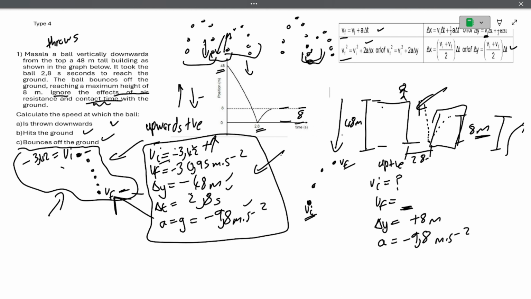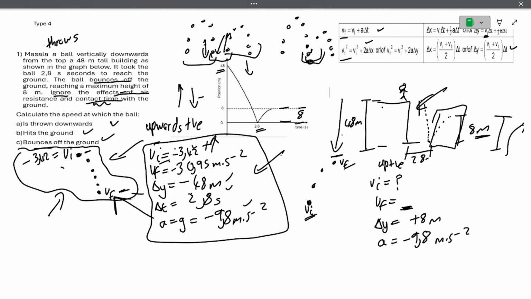So I want us to spot the final velocity here, using the information. Masara throws a ball vertically downwards from the top of a 48-meter tall building as shown in the graph below. It took 2.8 seconds to reach the ground, and the ball bounces off. So we are dealing with this section now after it bounces off the ground.